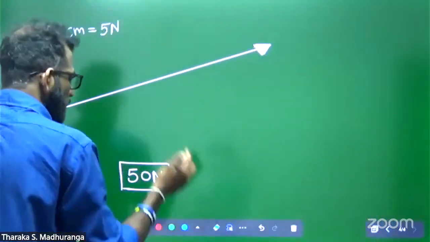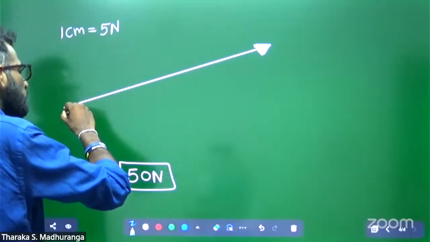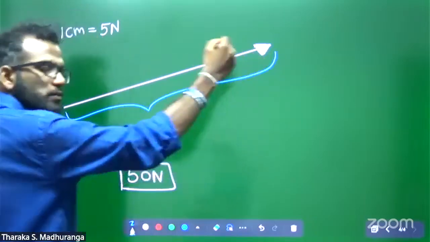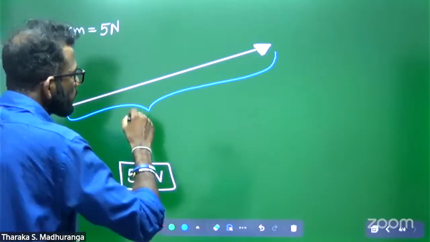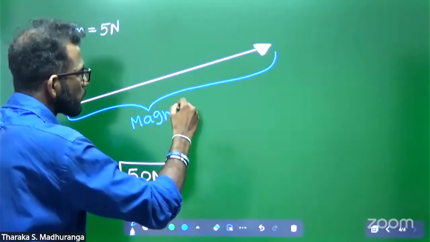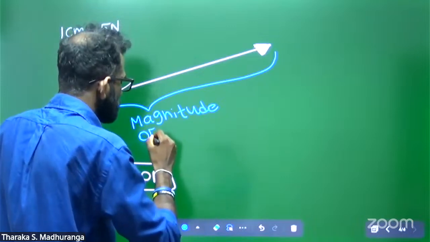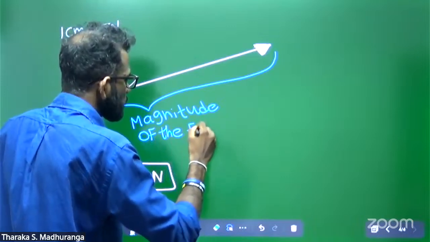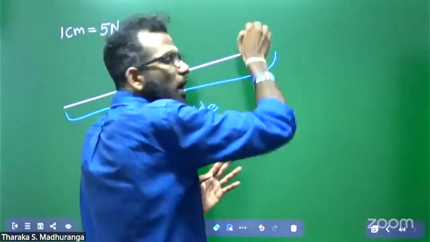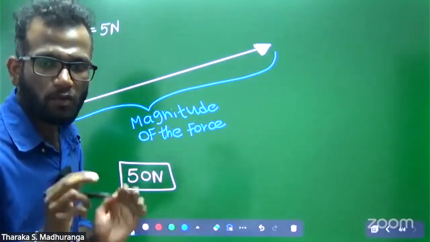Now I can express this force by this arrow mark. Remember, the length of the arrow always explains the magnitude of the force. The arrow mark always explains the direction of the force.